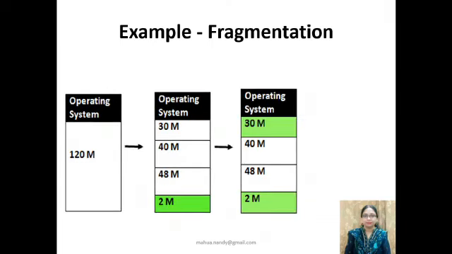Now, the first process of size 30 M leaves the system. So, again it will create a 30 M hole inside the system.